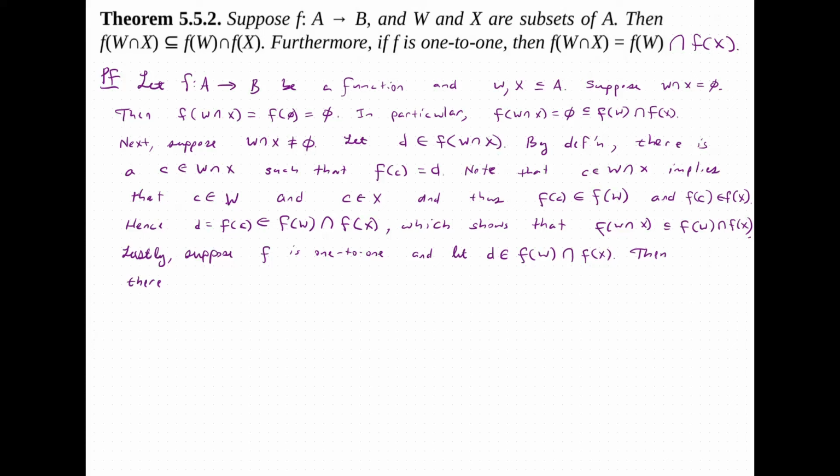that there is a c in w and c prime in x, such that f of c is equal to d and f of c prime is equal to d.